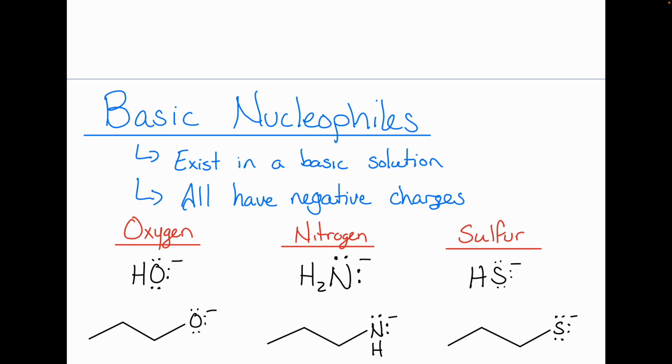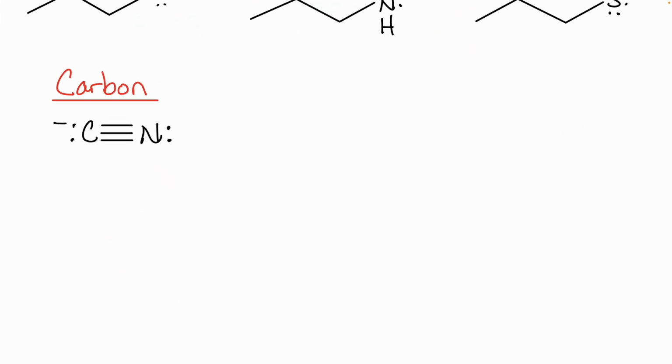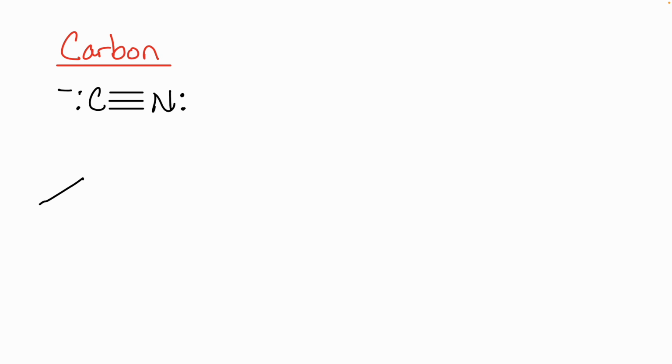All right, there's one more that we have to add to this list that kind of bucks this trend about having negative charges, and that is that MgBr business. What do we call that thing? It's named after some dude with a weird G name. A Grignard reagent, all right? So that is also a basic nucleophile.